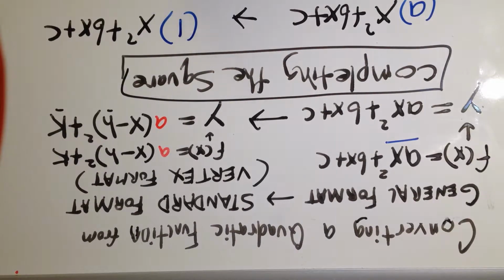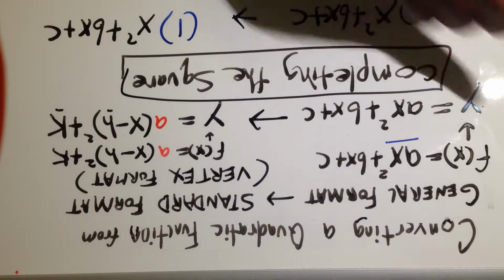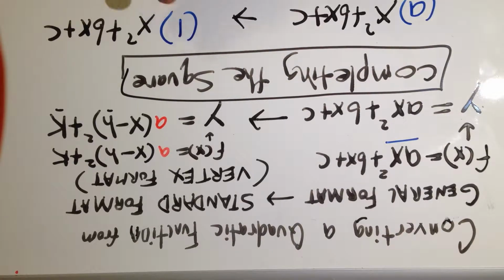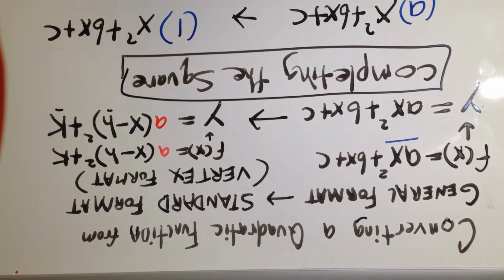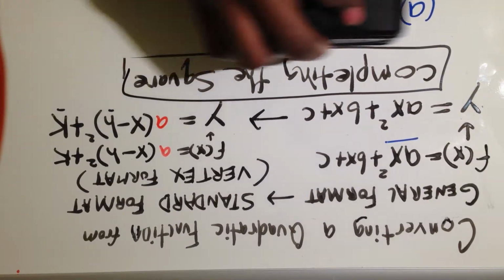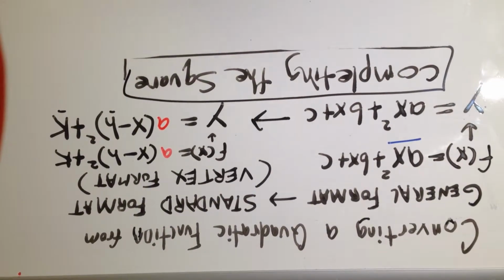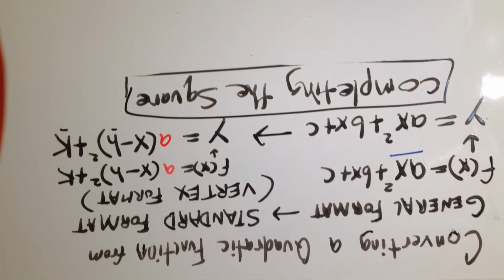And if a is not an invisible one, if it's like 5 or -5 or -100 or something, then factor this leading coefficient out of the quadratic function before you complete the square. Okay, factor it out.